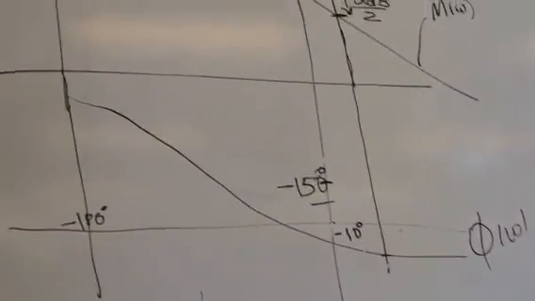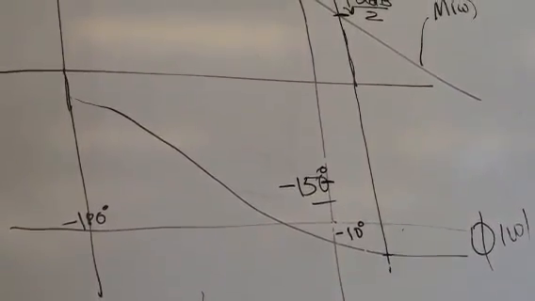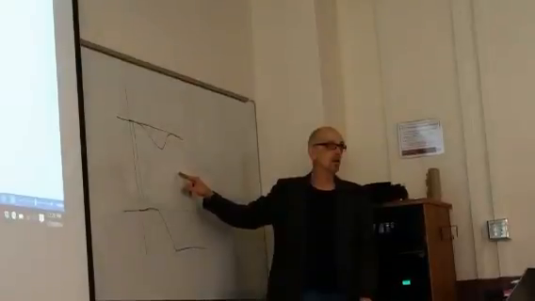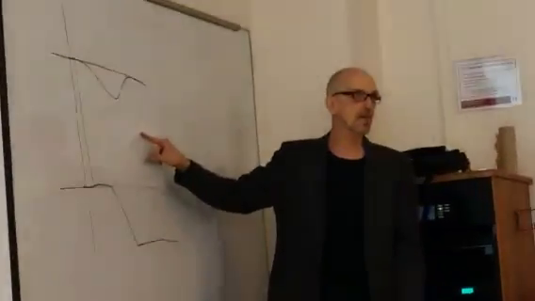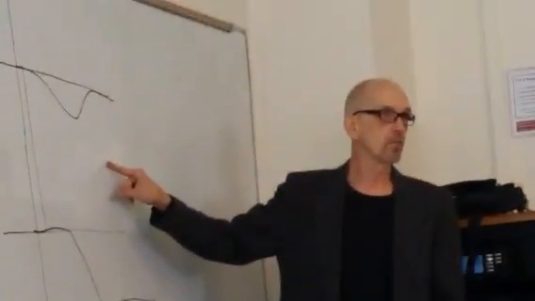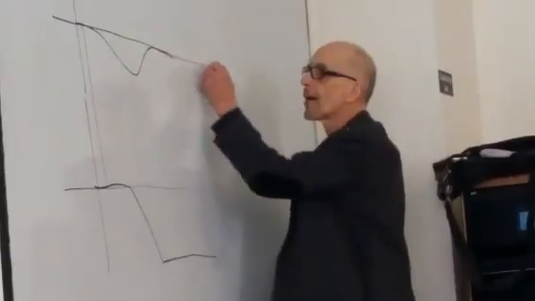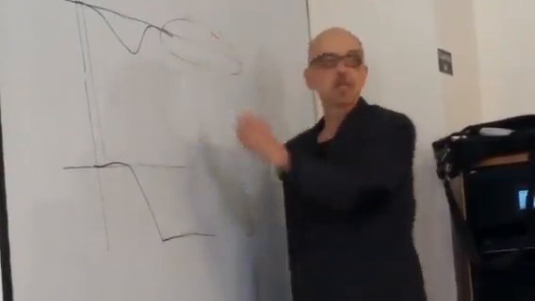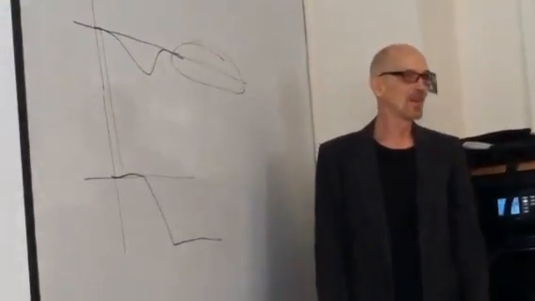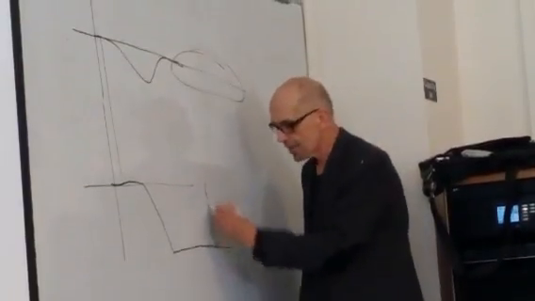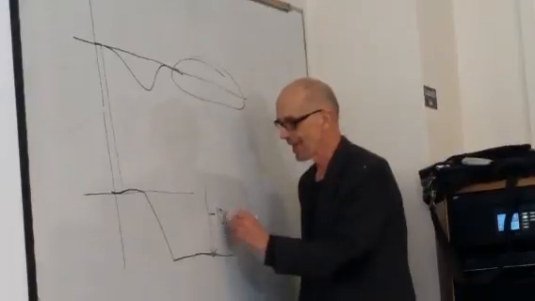Suppose that alpha dB over 2 was 10 dB. This is an example. That means I want to use this compensator as a high frequency attenuator with no change in the phase. Where does this thing not change the phase? Well, way out here is where it doesn't change. The phase is back to 0. Right? And what's this value? Well, I want this to be minus 10 dB.